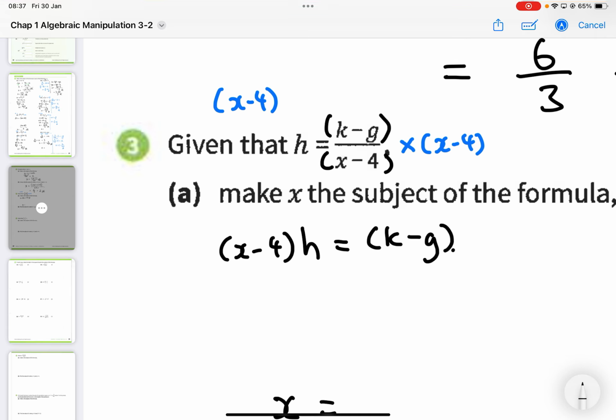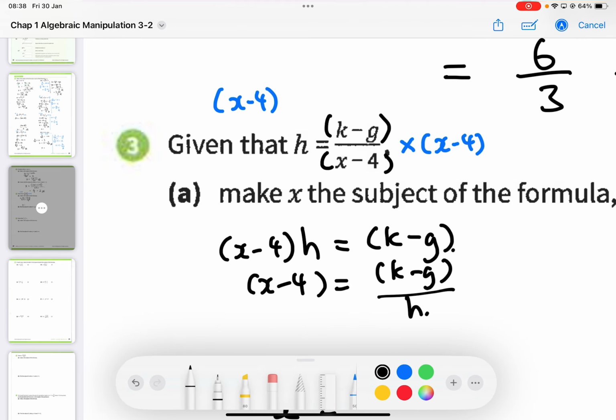From here, there are two ways to free your x from the bracket. The easier way is straight away I divide both sides by h. Because once I divide by h, now this bracket is totally alone by itself.